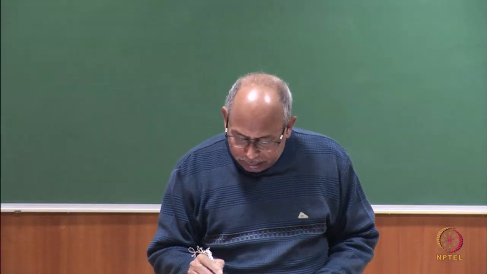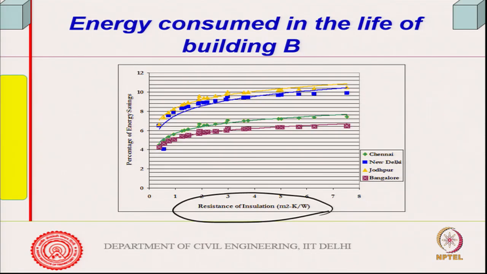So, what we see is these two buildings, if you take them in different climates, Chennai, New Delhi, Jodhpur and Bangalore, the same building. It is building B, the Ascendas building, the second building I talked about.